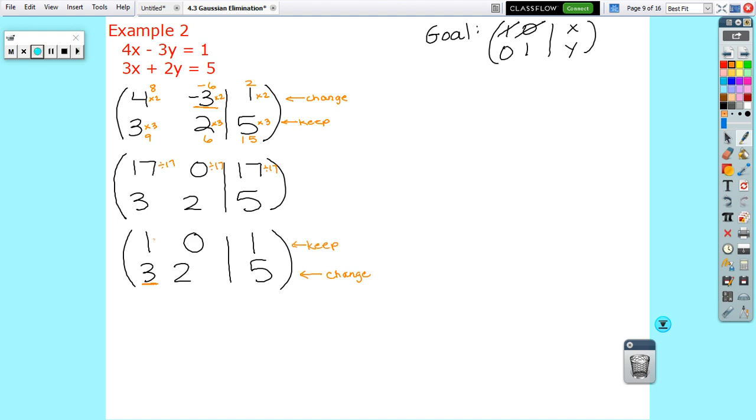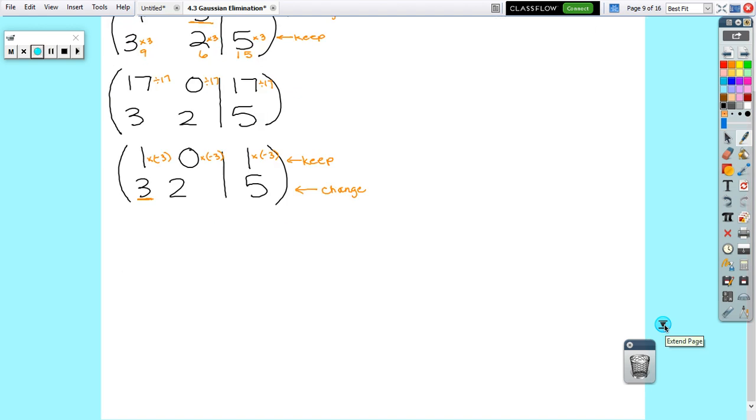Okay? So when we add these two numbers together here, they need to add up to 0. Well, 1 plus 3 does not equal 0, so what we would need to do is multiply this whole row times -3. So times -3, times -3. Because we're keeping this row right here, when we write our next step, we can automatically write that top row: 1, 0, 1.